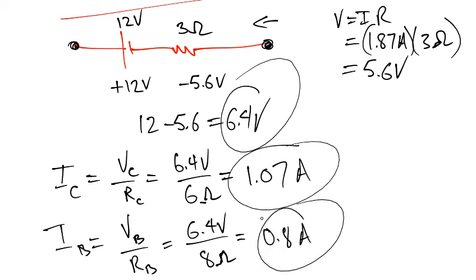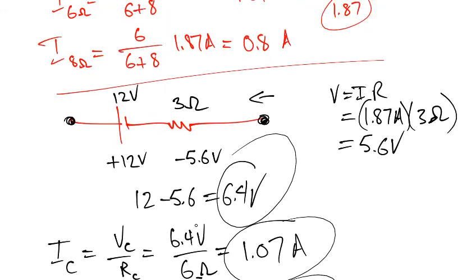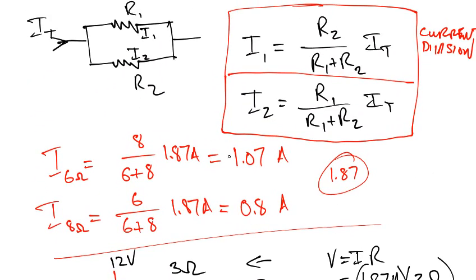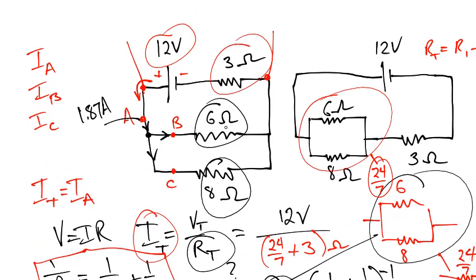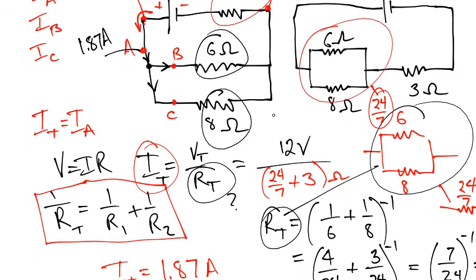So you see, whether you use current division, or whether you simply state, okay, well, these two are in parallel, we just need to know the voltage across those two parallel resistors to figure out the currents going through them, and take into account that the 12 volt is reduced by the voltage drop across the 3 ohm. Either way, you can get your answer, and it works out beautifully.